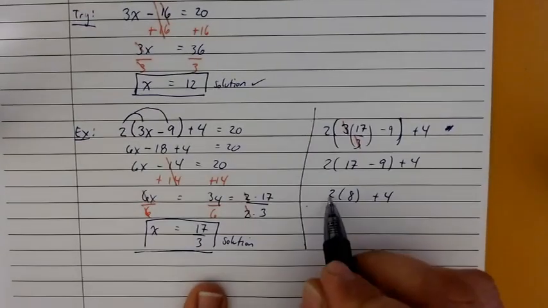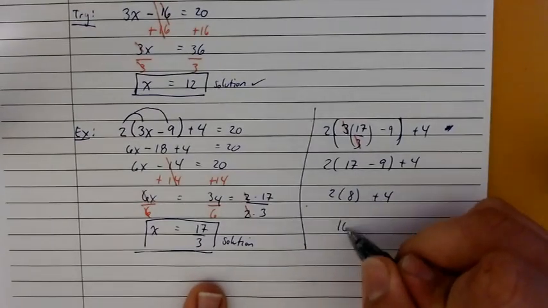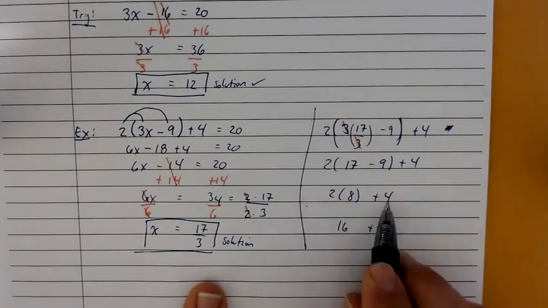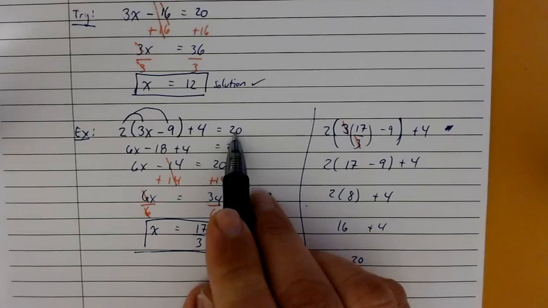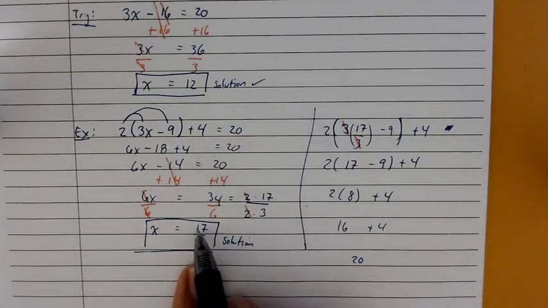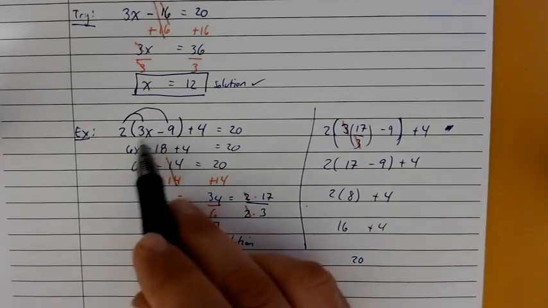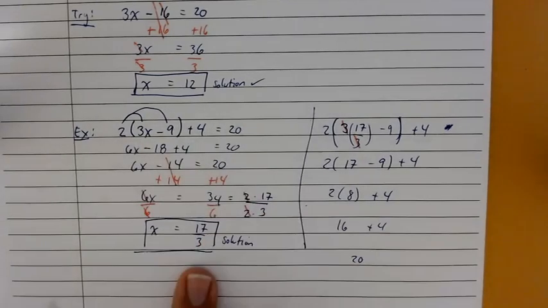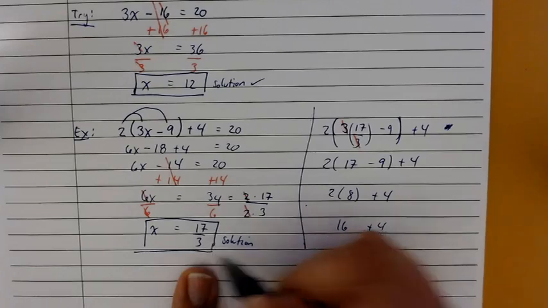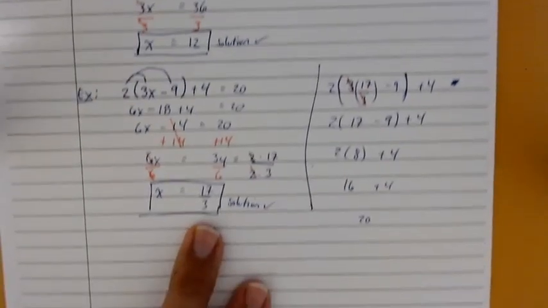And now multiply. 2 times 8 is 16. And finally, your addition, 16 plus 4 is 20. So yeah, that does give us the 20 we expected. So plugging in 17 thirds in for that x, we substitute, we simplify, and that does give us 20 the way it's supposed to. So yes, this is the correct solution.